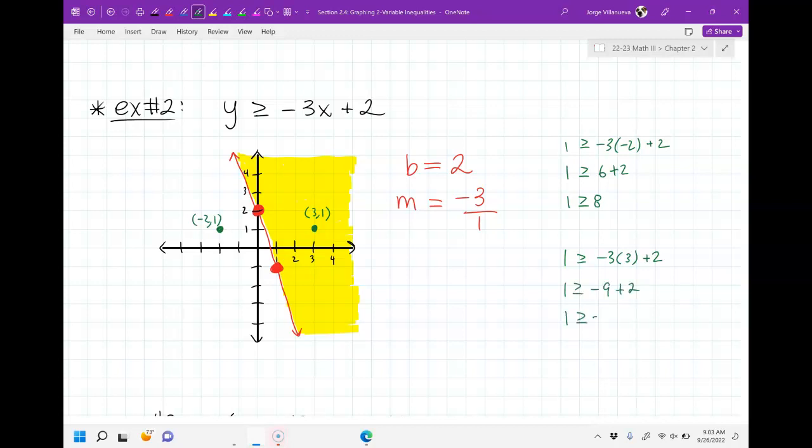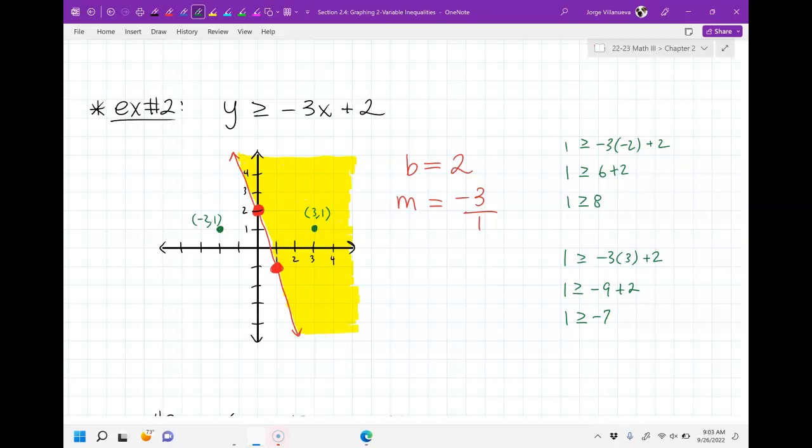So 1 is greater than or equal to negative 7. Is that true? Yeah. So any point that you pick in the yellow region should come out to a true, correct solution. Any point that you pick on the outside of it should come out false.